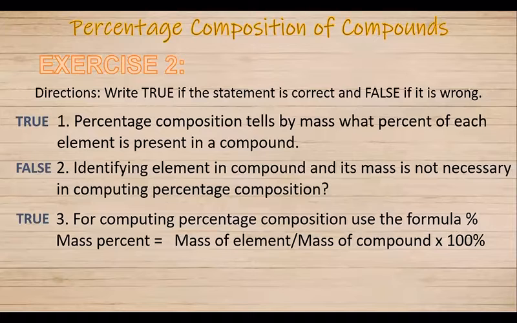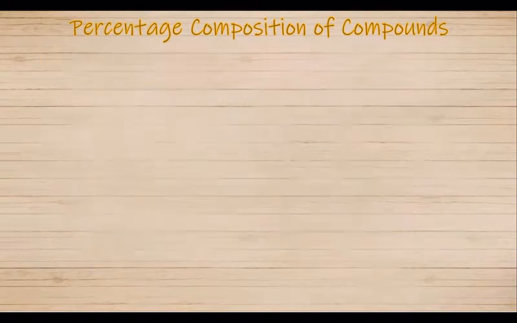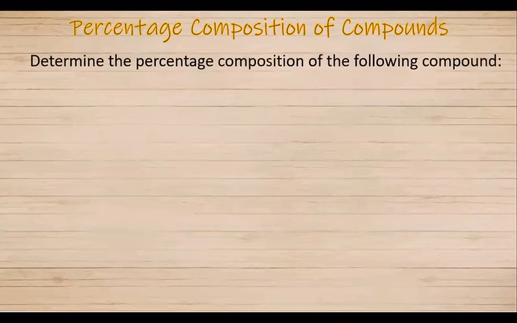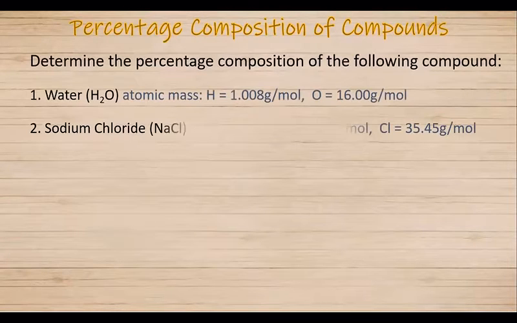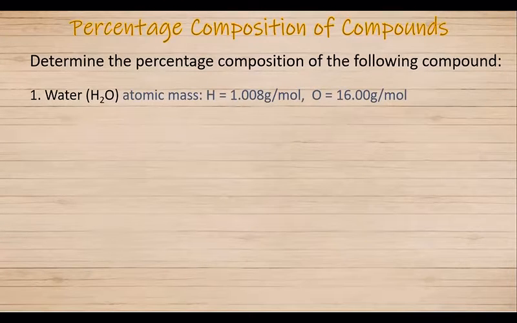Now that you already understand the concept of percentage composition, let's now move on to the sample calculations. Let's determine the percentage composition of the following compound. First is water, second is sodium chloride. In example problem number 1, water is composed of two elements given its symbols naming hydrogen and oxygen.